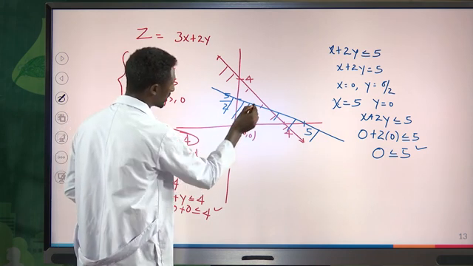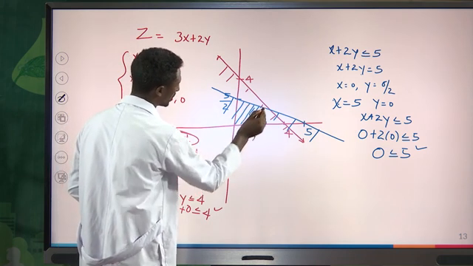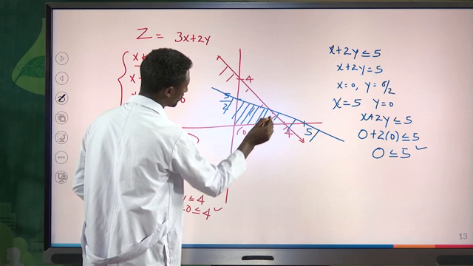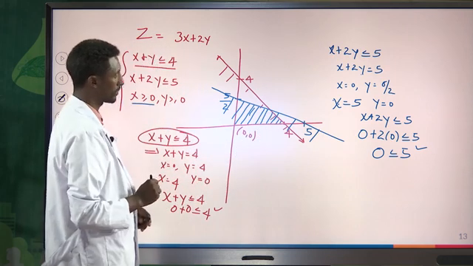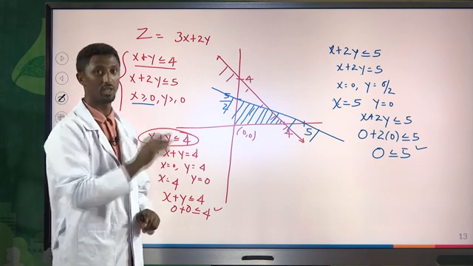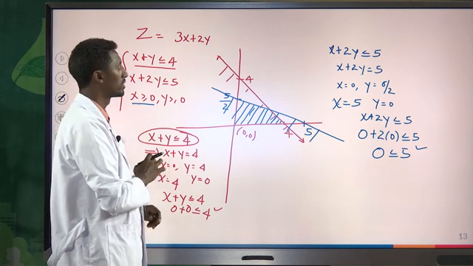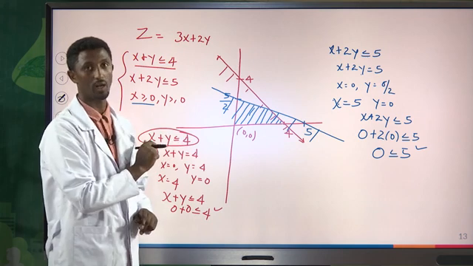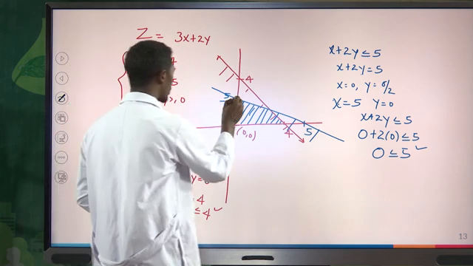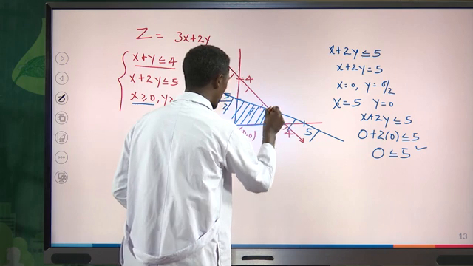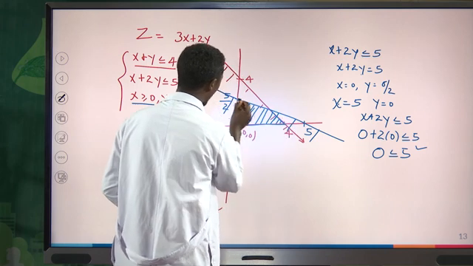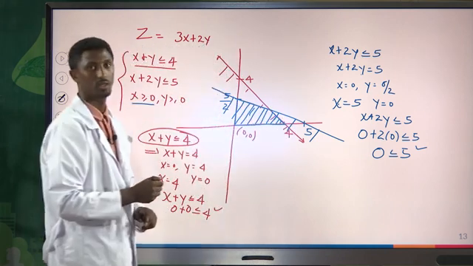The feasible region is this region, which is enclosed by all of the constraints. In this case the feasible region is in the first quadrant. So after we determine the feasible region, we'll try to determine every corner point.